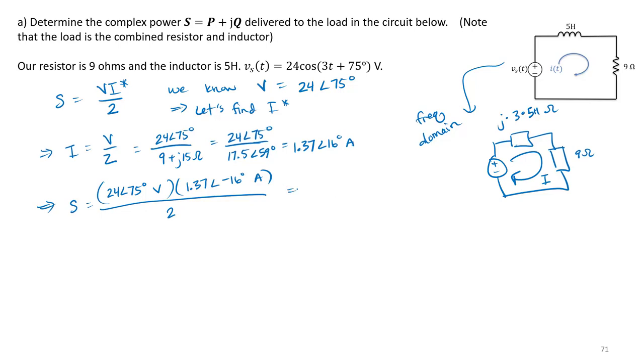And so if we go ahead, plug in, solve for S, we will determine that our complex power will be 16.44 angle 59 degrees volt amperes. The question asked for rectangular form, so we just convert back to rectangular. We get 8.47 plus j14.1 volt amperes.